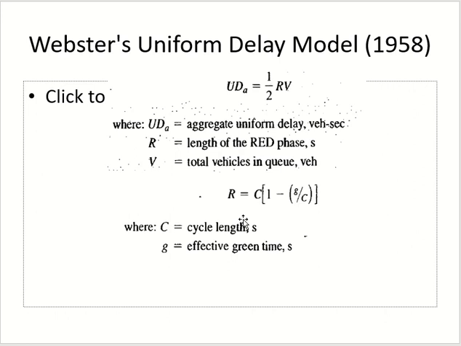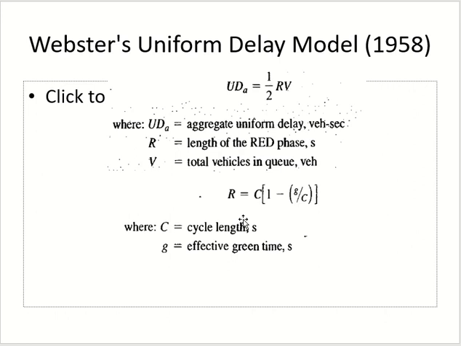So G by C means the portion of cycle length which is effective green, and 1 minus this will be the remaining portion. The remaining portion is called red. Clear? The portion of cycle length which is not effective green. Clear? Okay?